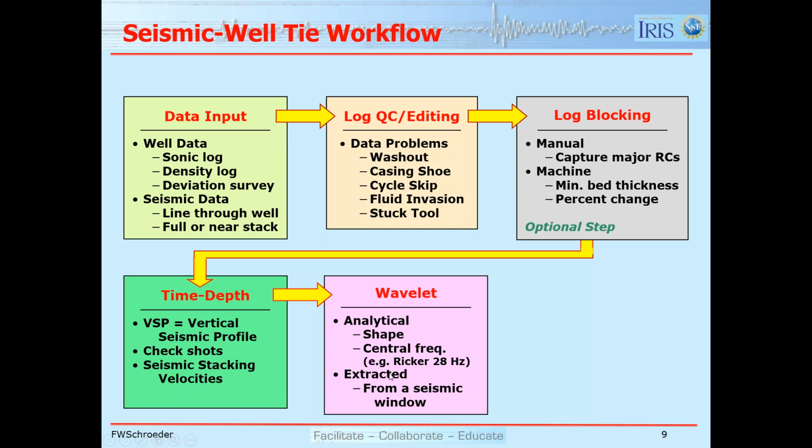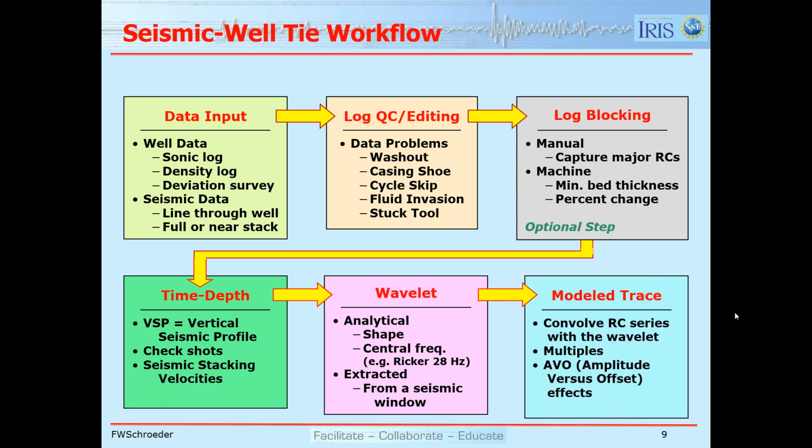When we do this extraction, it is assumed that the seismic data we are dealing with is zero phase data, and so if we do not have zero phase data, we may have to do some work in order to get it to zero phase.